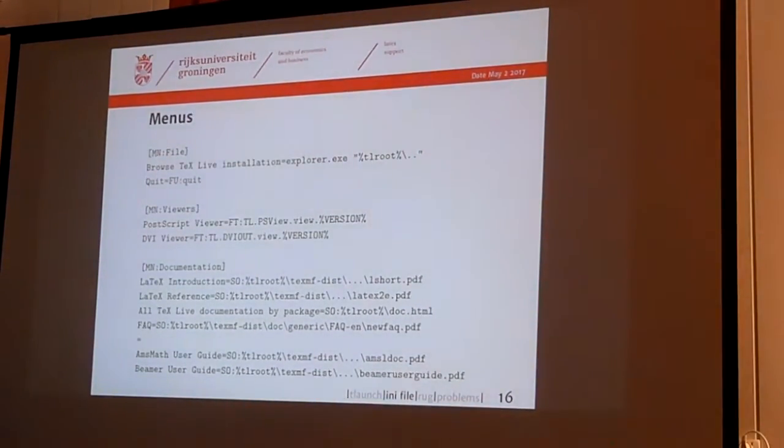They are also used as variables here. And TLROOT, that's the root of the TeX Live installation, computed by the launcher. And you see also a version in between, percent sign, also computed by the launcher. So you can use the same file from one year to the next if you want to.